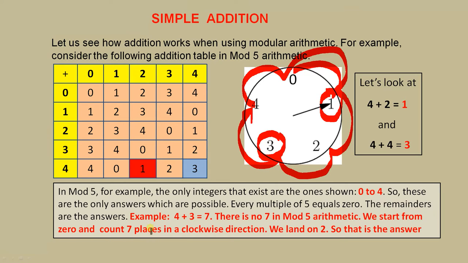For example, 4 plus 3 equals 7 in normal arithmetic. There is no 7 in Mod 5 arithmetic. We start from 0 and count 7 places in a clockwise direction. We land on 2, so that is the answer. So, you saw here that 4 plus 3 was 7. There's the 7 there. 1, 2, 3, 4, 5, 6, 7. And that's why the answer is 2. Because we've landed on 2, there's no such answer as 7.